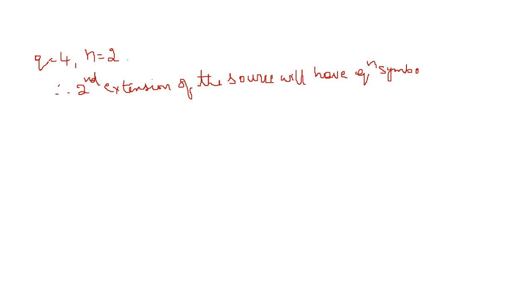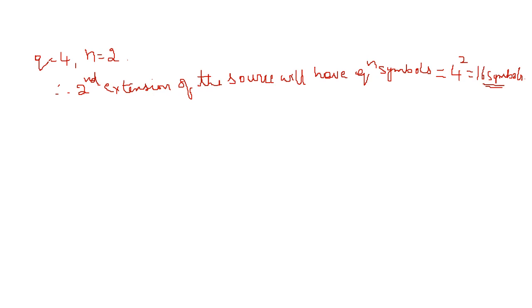Substituting q equal to 4 and n equal to 2, we get 16 symbols. So the nth extension will have 16 symbols.